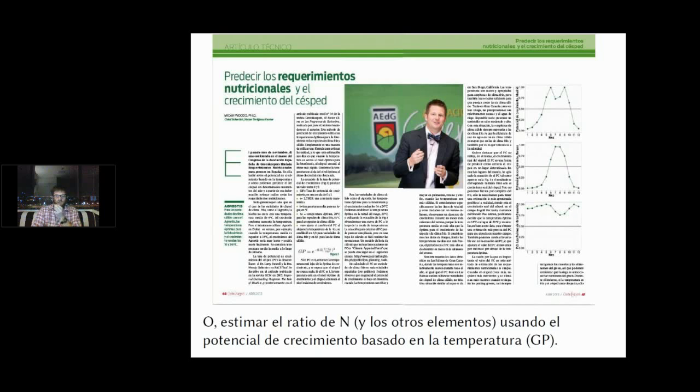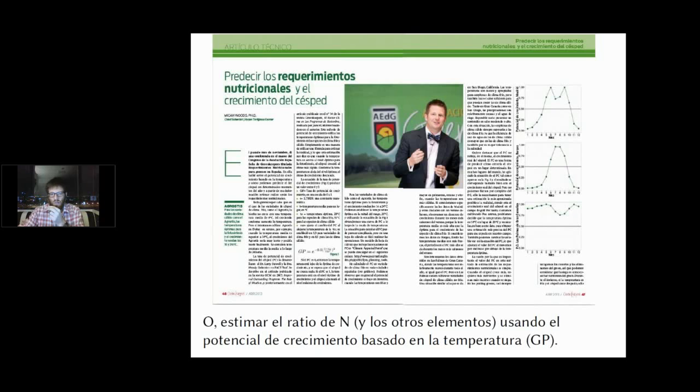So for example, maybe we go to Orlando and see some beautiful greens at the Golf Industry Show at a golf course we visit there, and let's say that's Tiff Eagle Bermuda grass, and then we want to go to, let's say, Guangzhou, China, or Hong Kong, China, and manage TifEagle in exactly the same way.